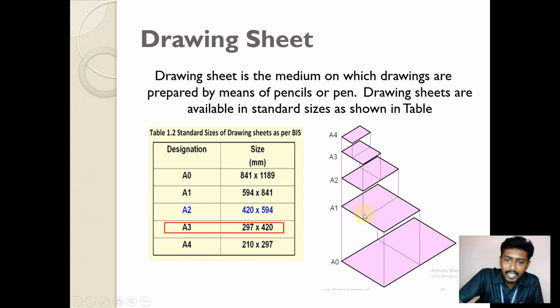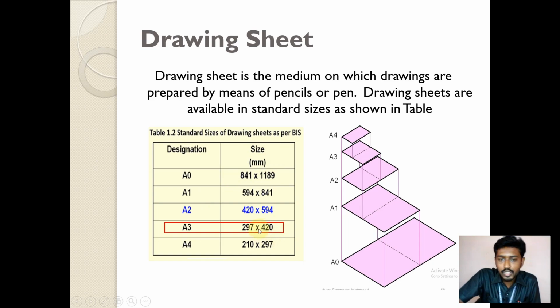In general, I can say the A1 sized paper is half the size of the A0, the A2 sized paper is half the size of A1, the A3 sized paper is half the size of A2, and the A4 sheet is half the size of A3. The dimensions for all the sized papers I have displayed here.